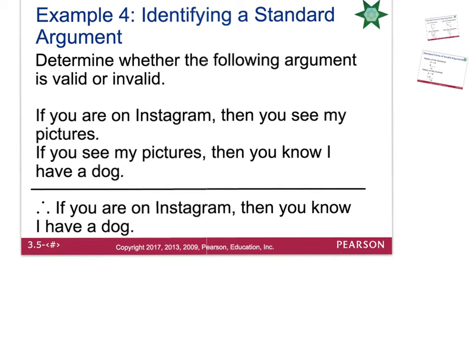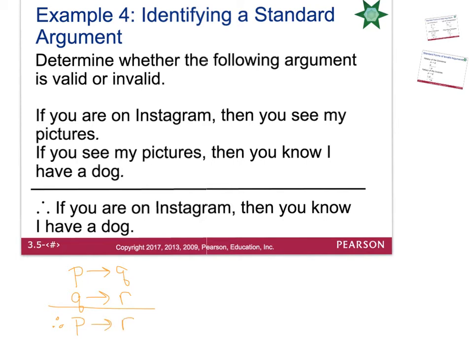If you are on Instagram, we'll call that P, then you see my pictures, Q. If you see my pictures, Q, then you know I have a dog, R. Those are our two premises. Therefore, if you are on Instagram, P, then you know I have a dog, R.